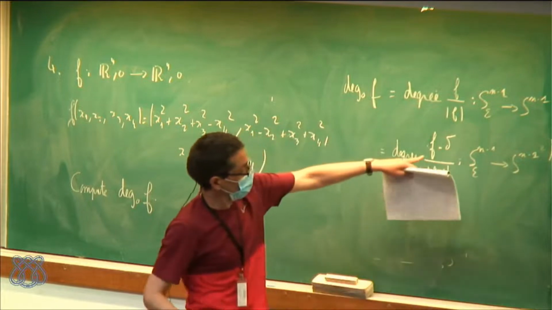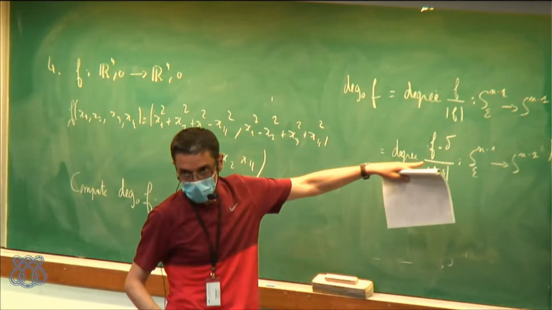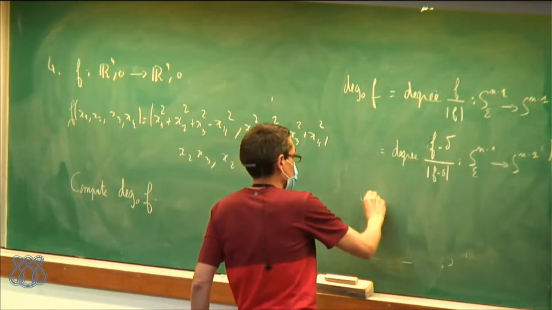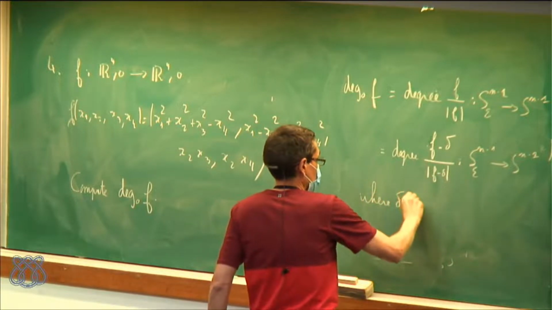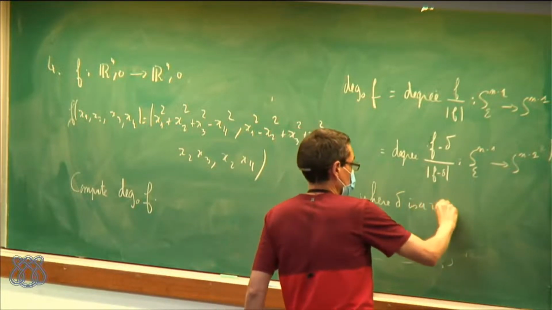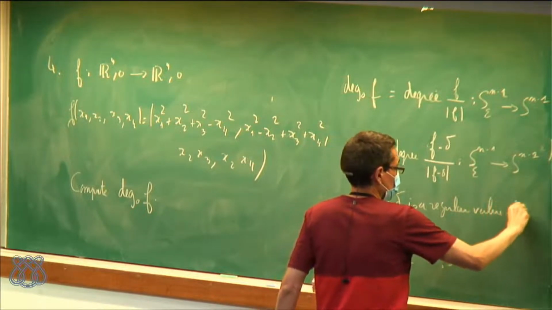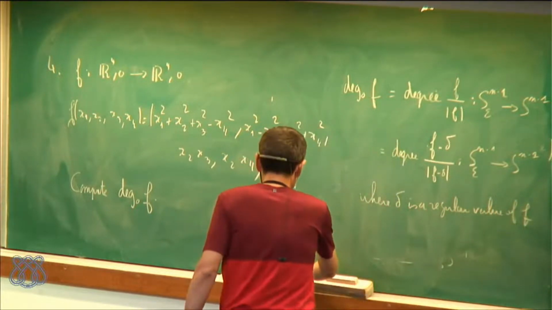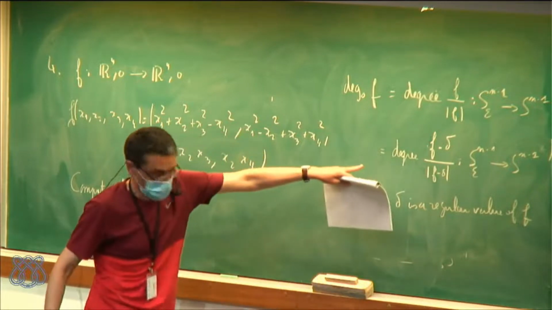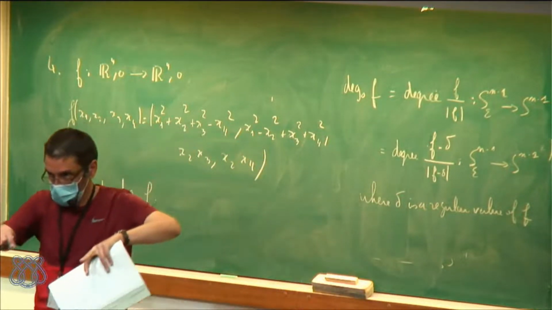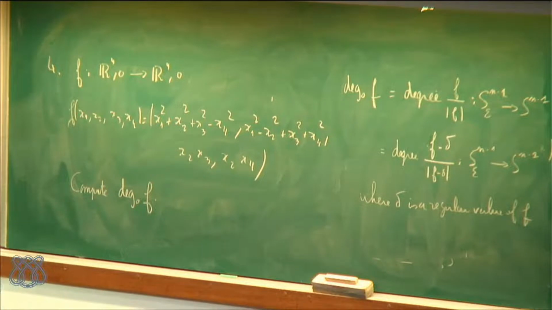Here you choose delta, a regular value of f. To compute this degree, you just have to find the preimage of delta by f inside the ball and compute the sign of the determinants of the differential.